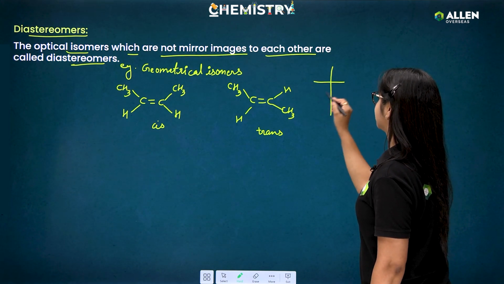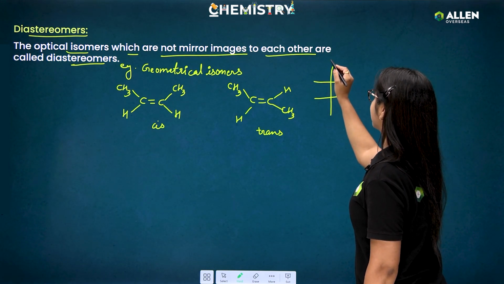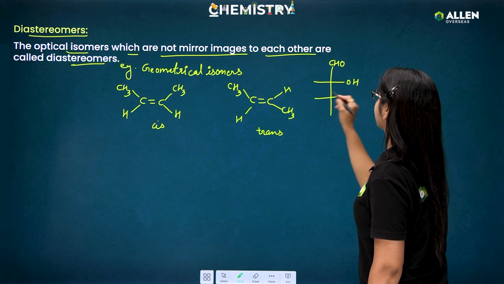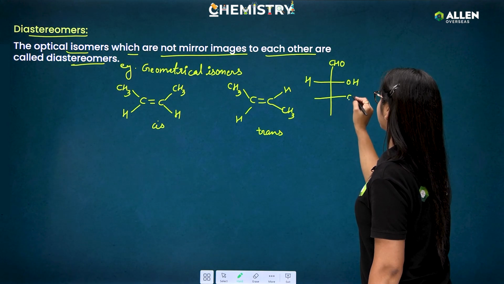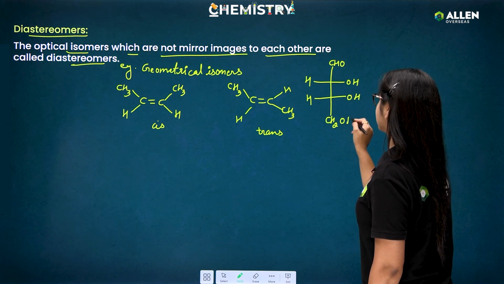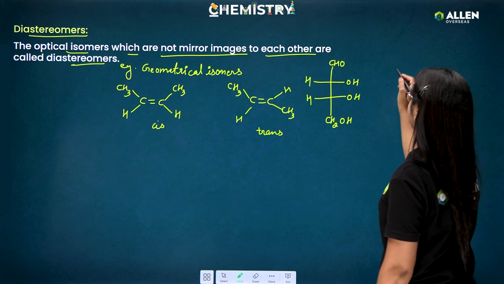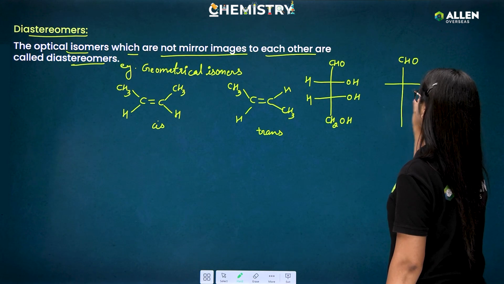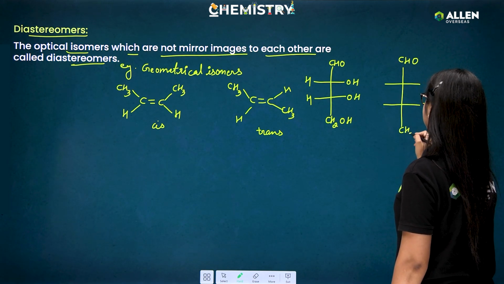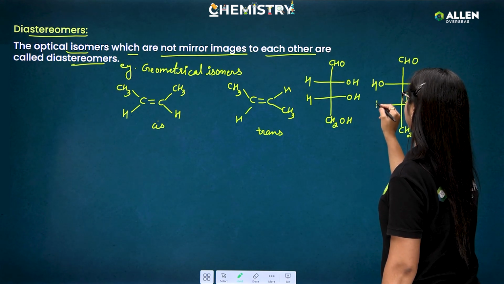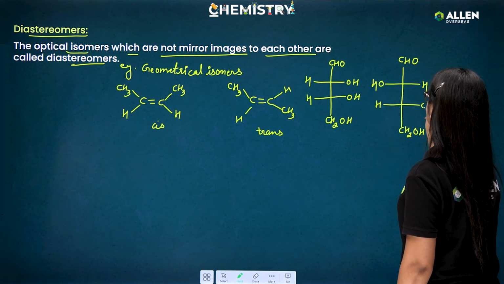Okay, we can take one more example. We can take this Fischer formula here. Suppose you have this compound, okay, CH2OH. This is one compound, and if I take another one. Okay.